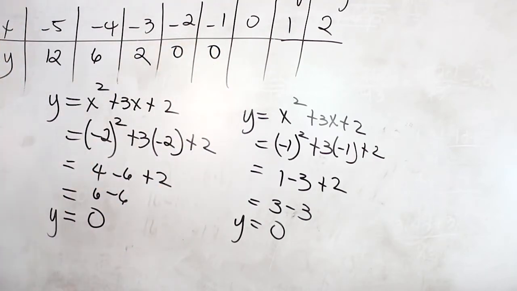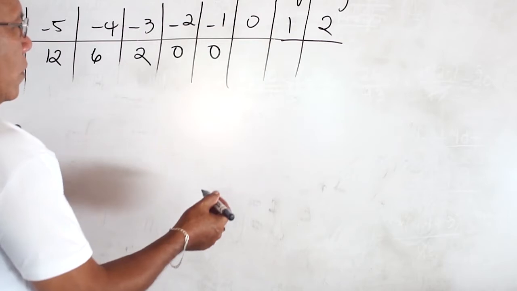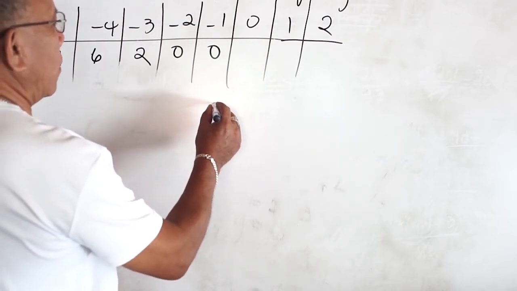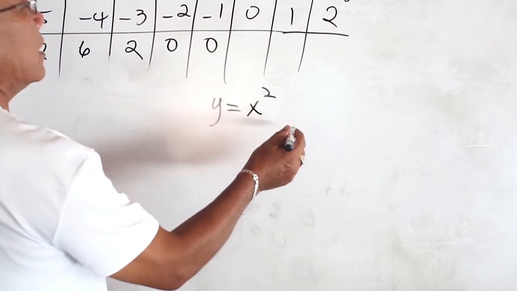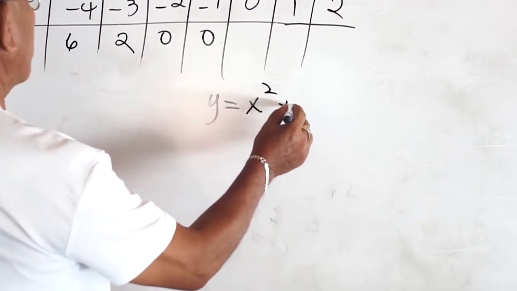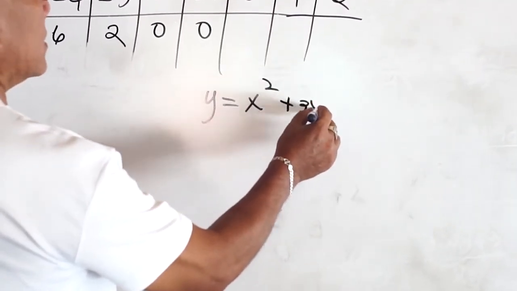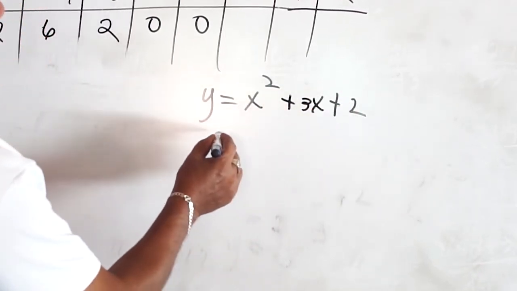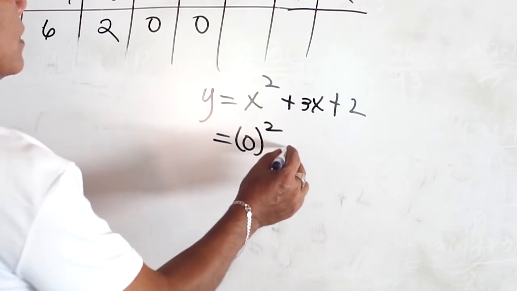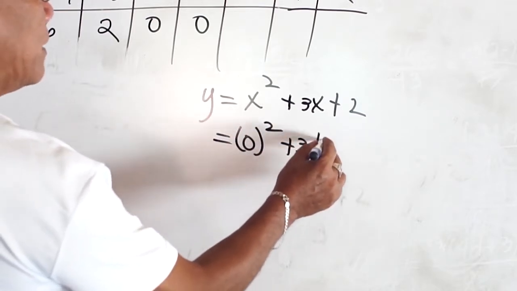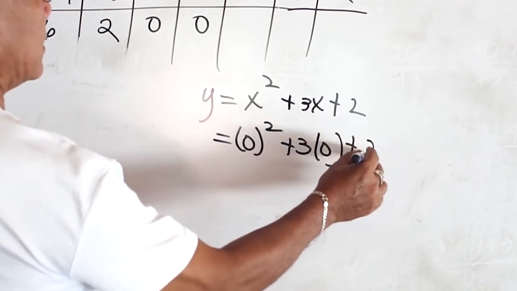Then next, if the value of x is 0, then we have the equation y is equal to x squared plus 3x plus 2. So we have 0 squared, plus 3 multiplied by 0, then plus 2.